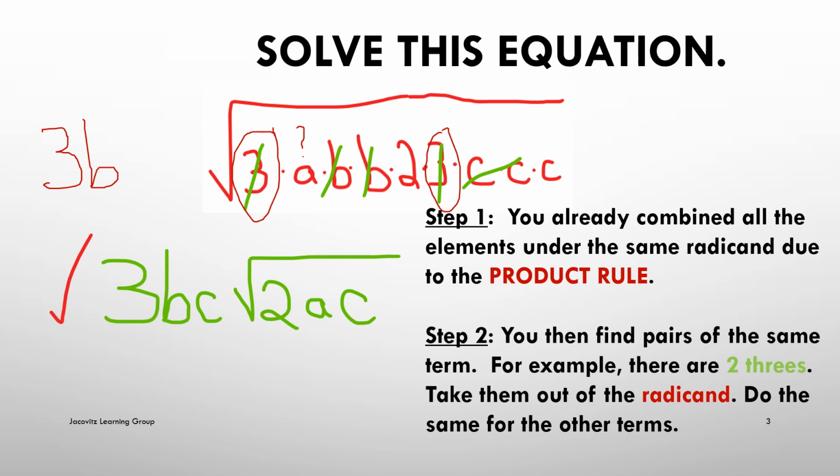And then these two c's cancel out, but it leaves one c here. So that's how you got 3bc, and then the rest just stays under the radical sign. And that was done over here for you. So 3bc, and this is times the square root of 2ac. And that's as small as you can simplify it. We're not in calculus yet, so you leave it alone.